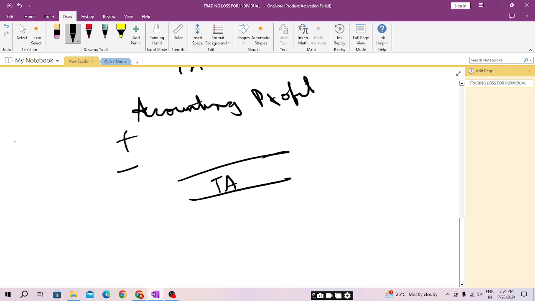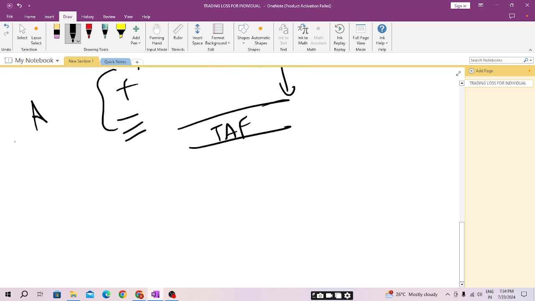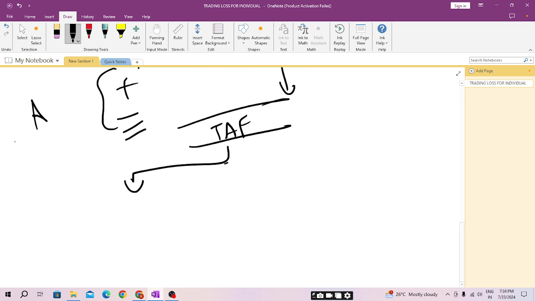These adjustments were as per the tax rules, because under IAS and IFRS some expenses will be allowed, but under the tax rules they will not be allowed. So we were adjusting the accounting profits to arrive at a tax adjusted figure.